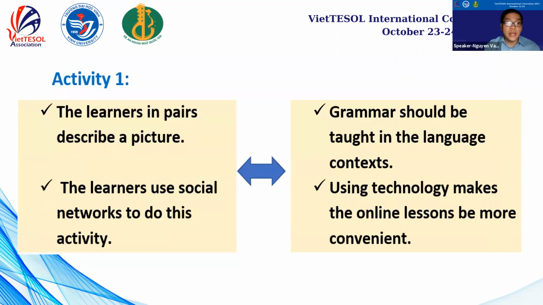And for activity number 2, the learner uses the pictures provided by the teacher, and the learner uses social networks to do this activity. For using the pictures, grammar should be taught in context, the meaning context. It means using technology can make online learning more convenient.